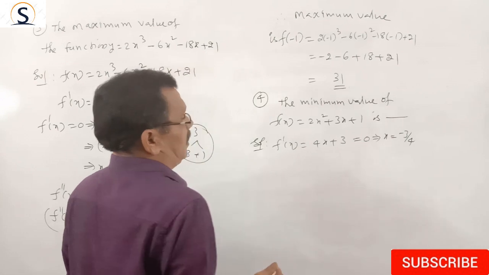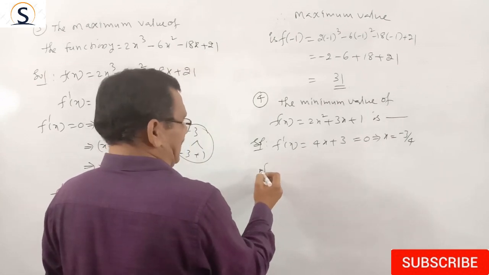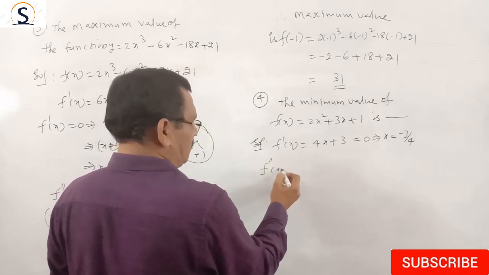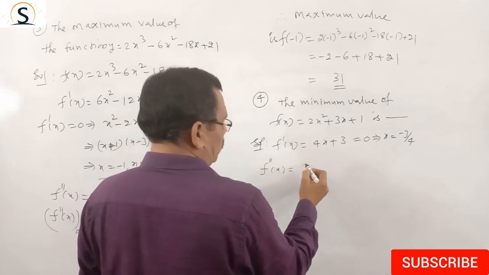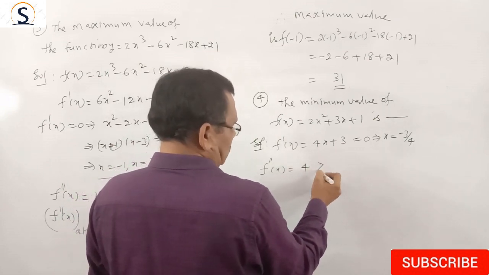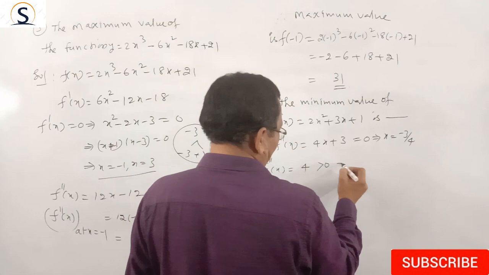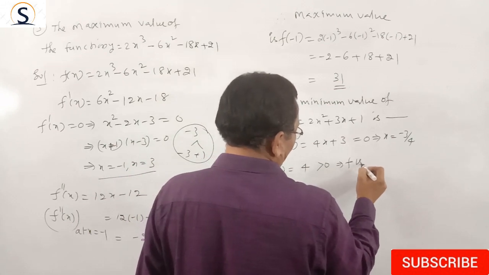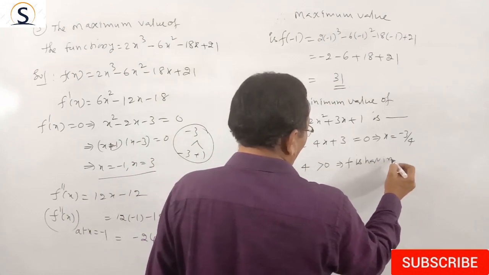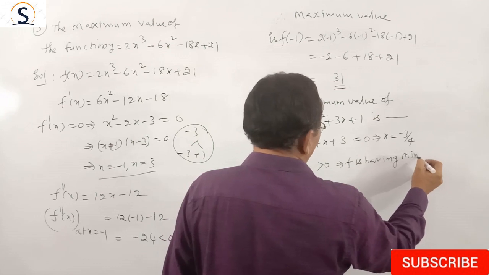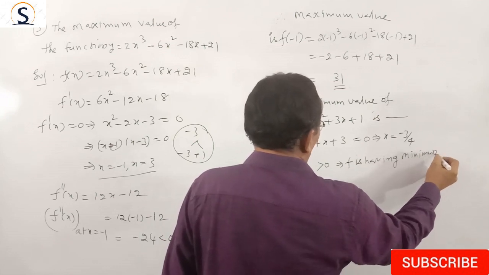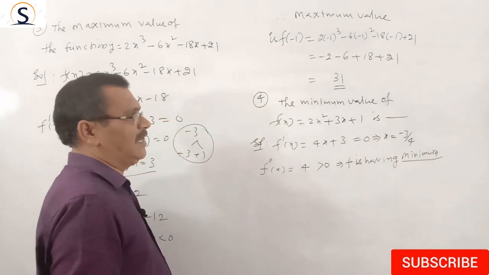Now f double dash of x is equal to 4, which is anyway positive. Positive means f is having a minimum because it is greater than 0. So this is having a minimum value.